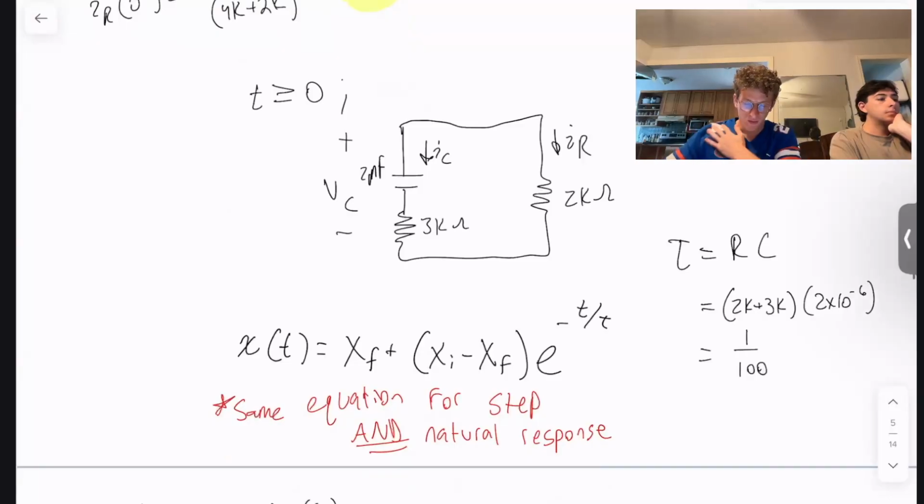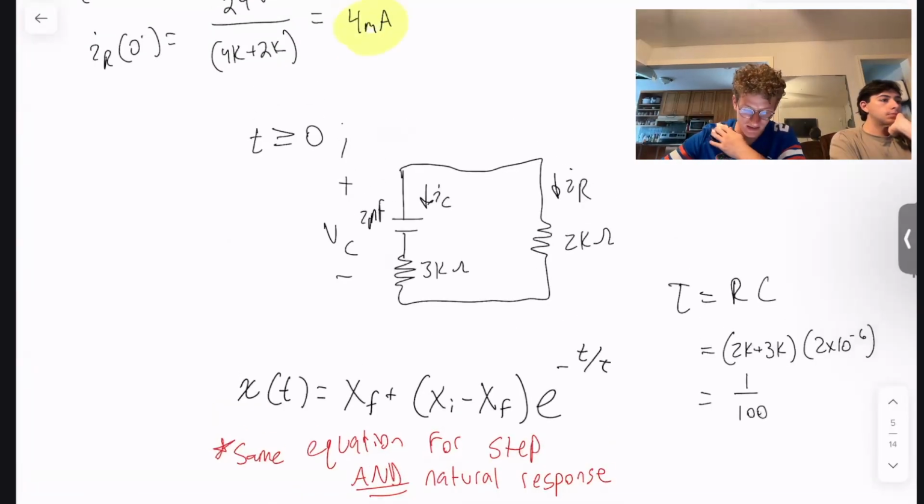So we have an initial voltage across this capacitor, and if you think about what's happening, it's just going to discharge current through this loop until the resistors absorb all of the power.